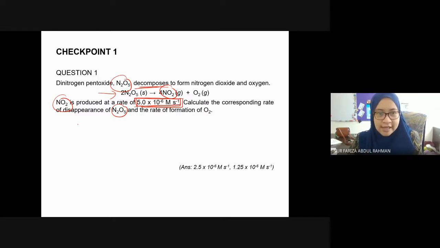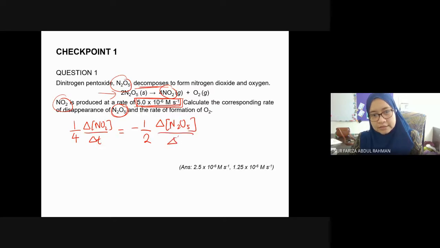Okay, so we can relate that 1/4 delta NO2 over delta T. Okay, because the product, remember NO2 is the product kan, so the plus. So saya tak tulis lah plus tu. Is equal to, because we want to look for N2O5, so N2O5, we have negative sign there. 1/2 delta N2O5 over delta T. So this is the relationship that we have between NO2 and N2O5.